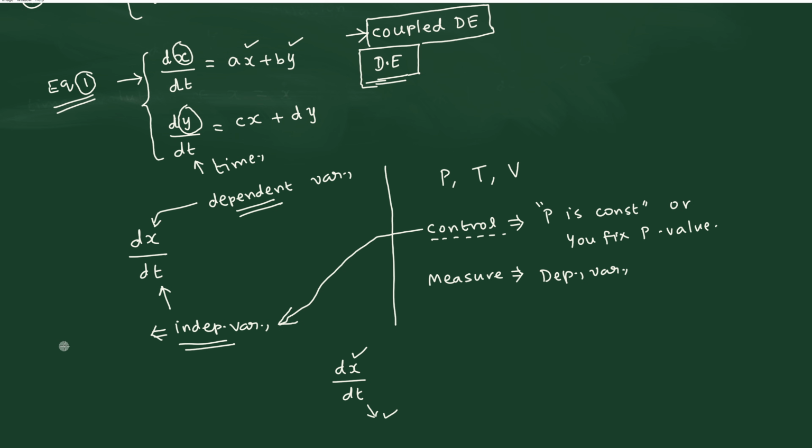Independent variable is also known as the known variable. I'll write down that this is a known quantity. Independent variable means it is always a known quantity. And when you say it is a dependent variable, another name for a dependent variable will be unknown quantity.